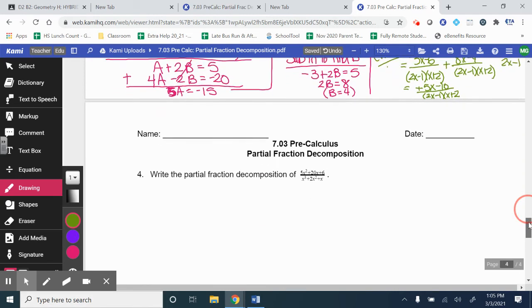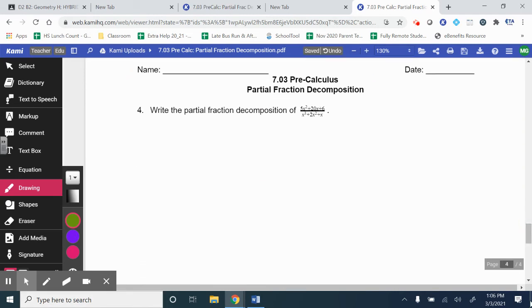Let's do another one. So number 4, write the partial fraction decomposition of this fraction. So first thing we want to do is factor your denominator, which is x to the third plus 2x squared plus x.